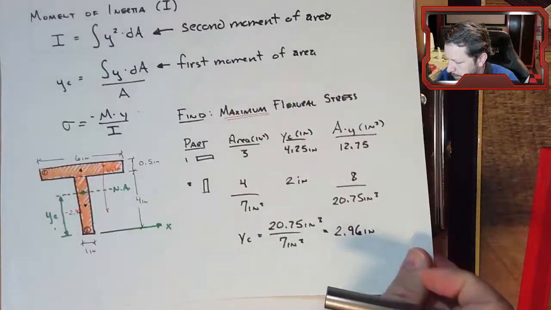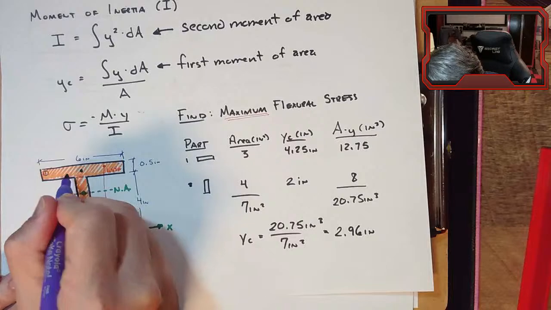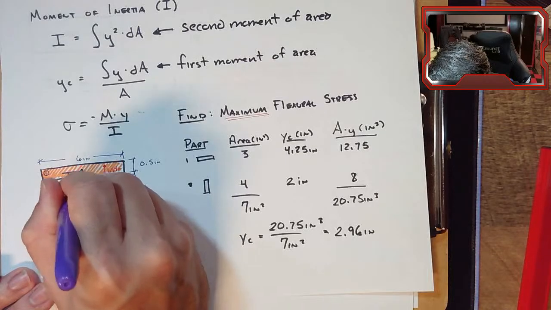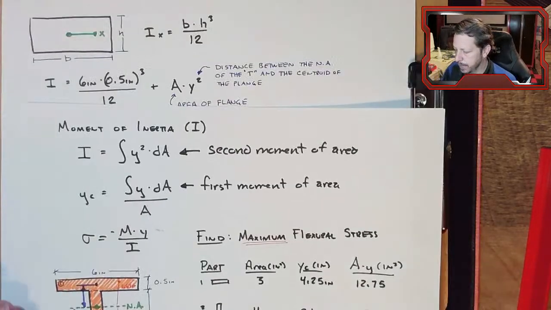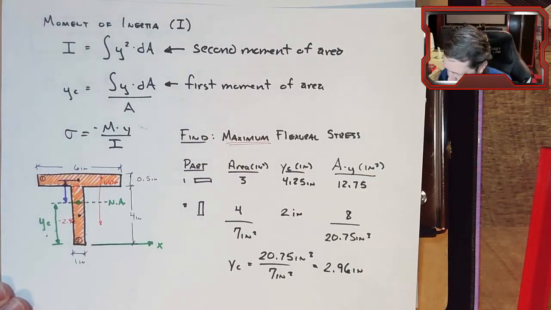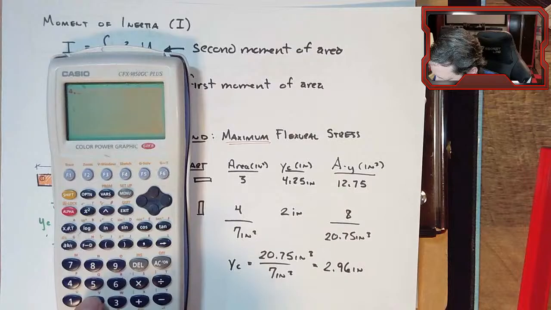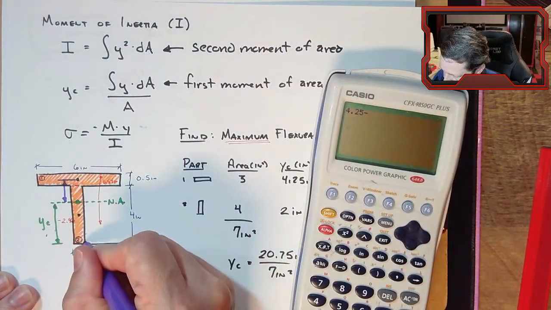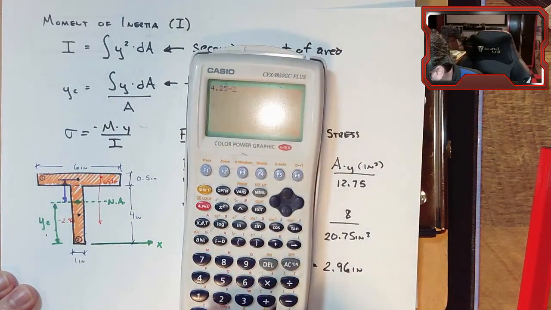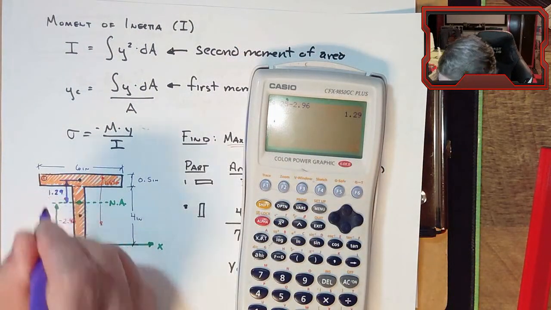So for ours, there's the centroid of the flange, there's the neutral axis, and this is the distance y that we need to put into this equation. That number is 4.25 minus, so 4.25 is the distance from the bottom up to here, and then we subtract off this 2.96. 1.29 inches is that distance.